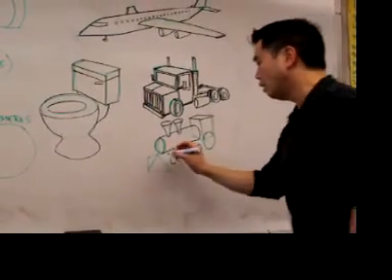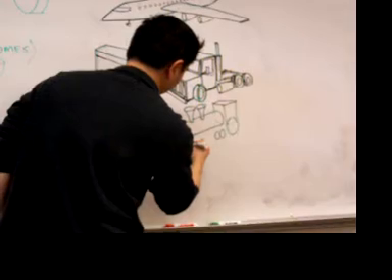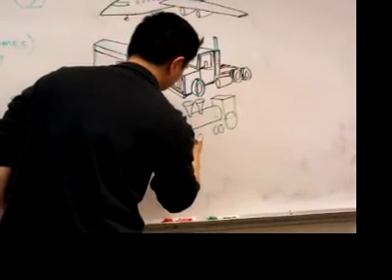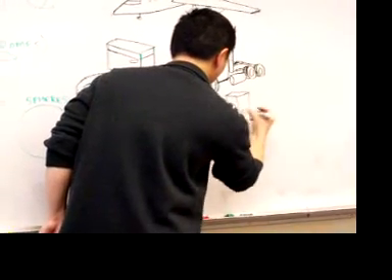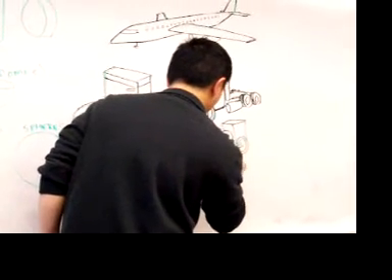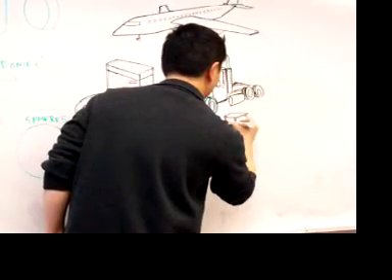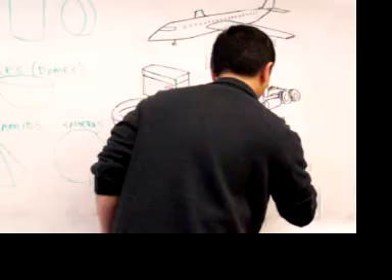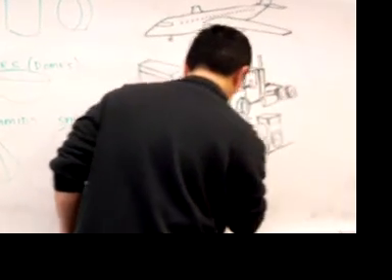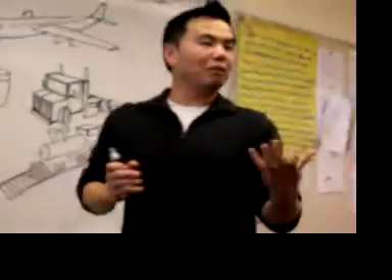You just have to be able to see and break down an object into its smaller components. That's a train.